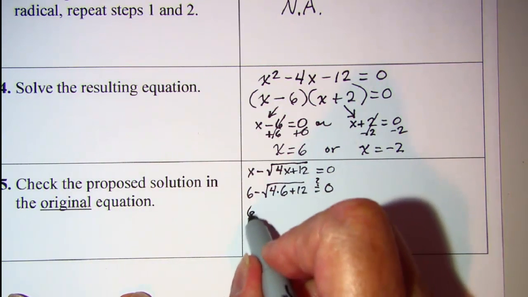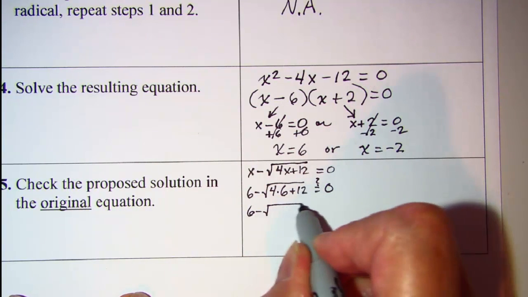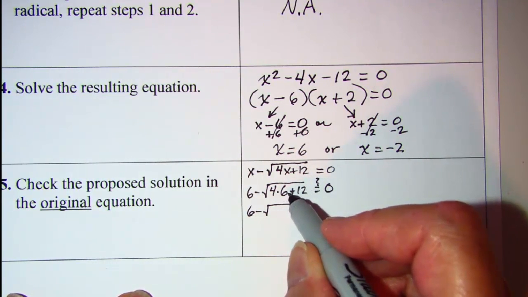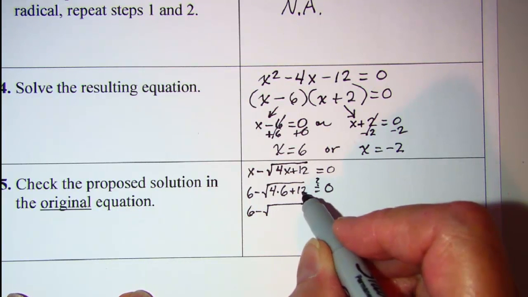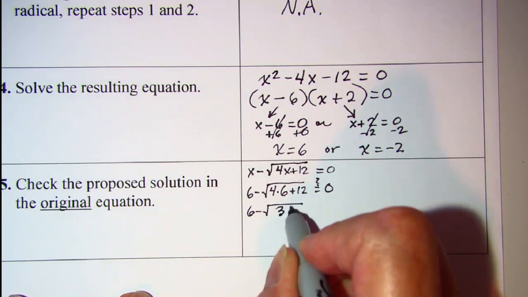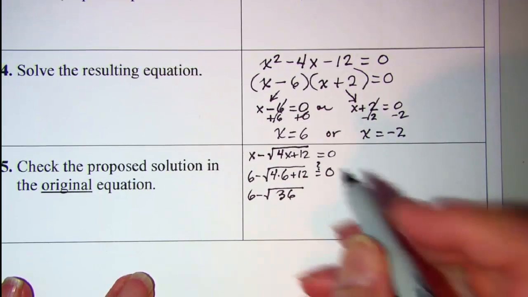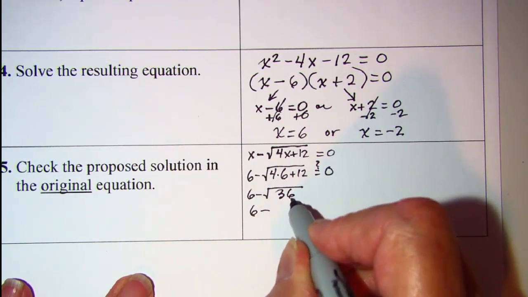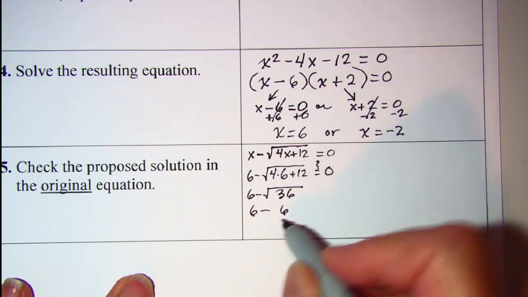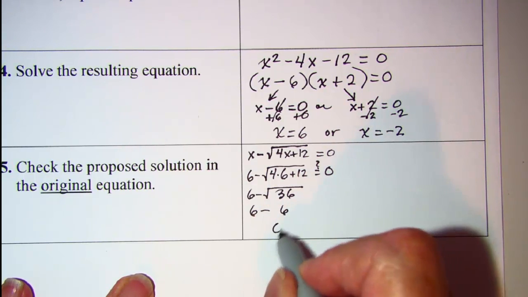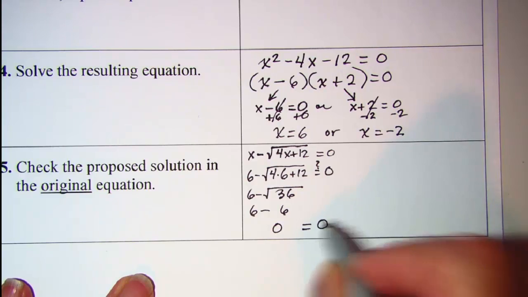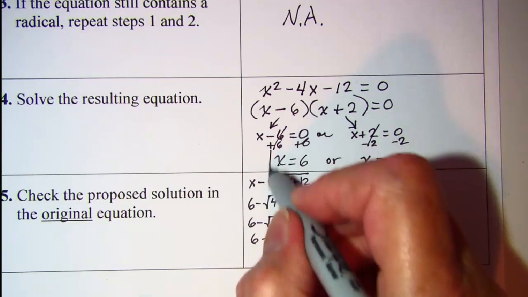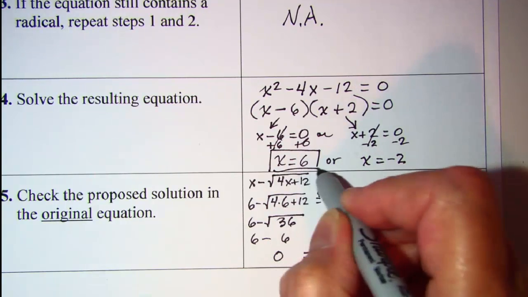I have 6 minus, 4 times 6 is 24, plus 12 is 36. So square root of 36, and the square root of 36 is 6. So 6 minus 6 is 0, and that is indeed equal to 0. So 6 is one of my solutions.